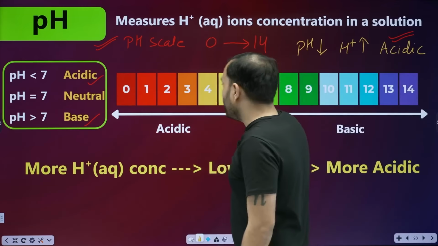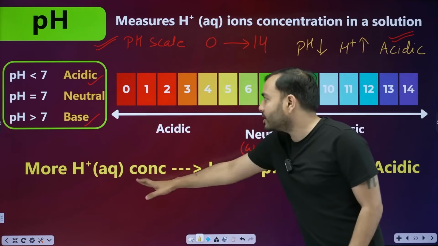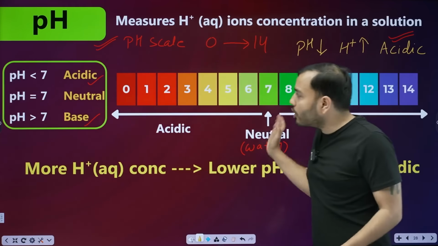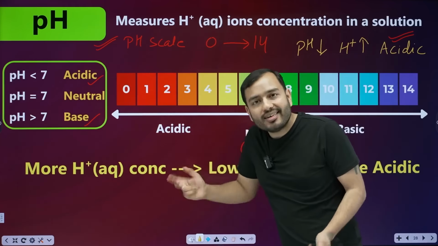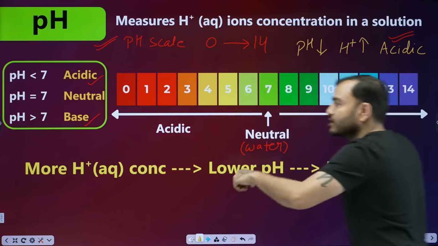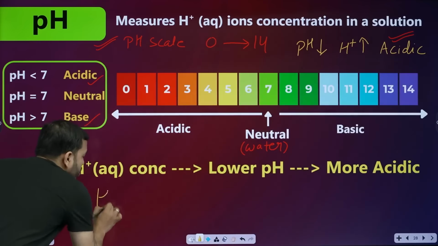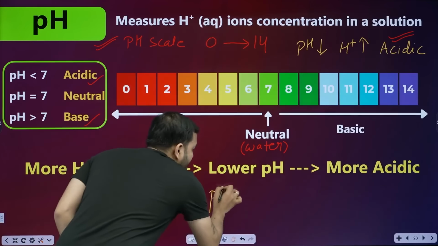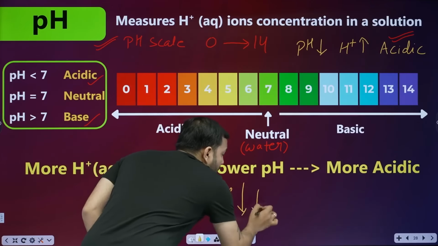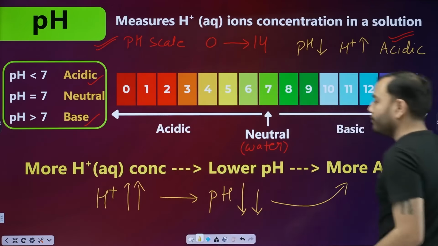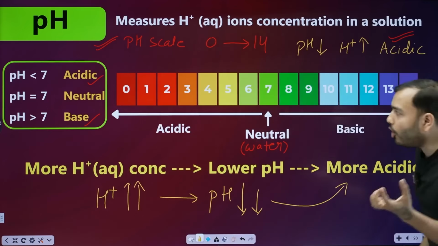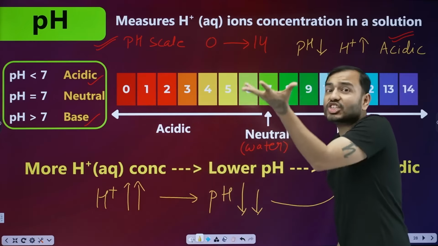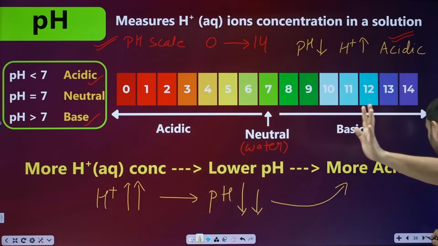If the H plus concentration is too much, it is a strong acid, and a strong acid's pH is less. If the H plus concentration is more, the pH would be less and the substance quite acidic. So the pH of a very strong acid will be lesser, and H plus concentration will be greater. Clear?